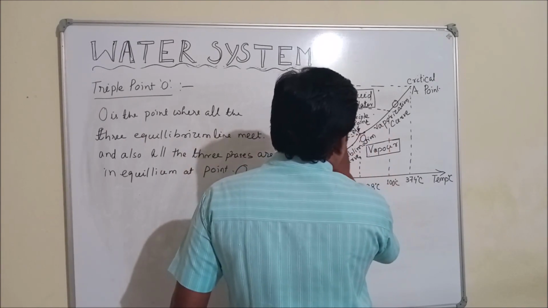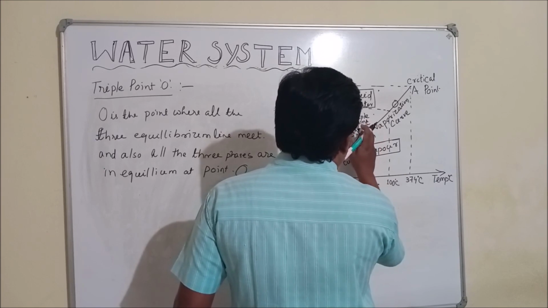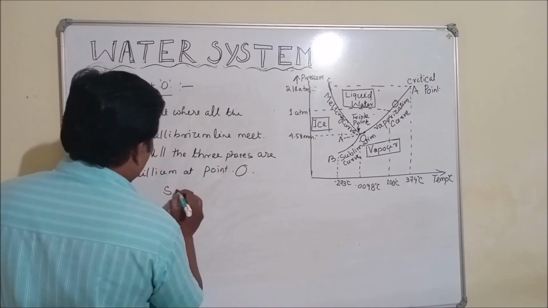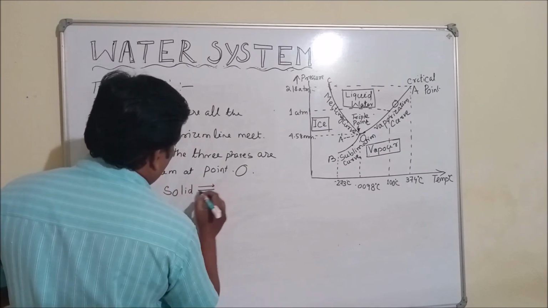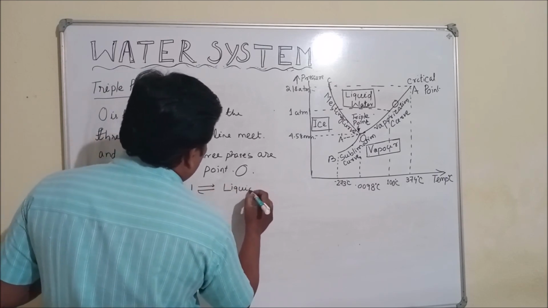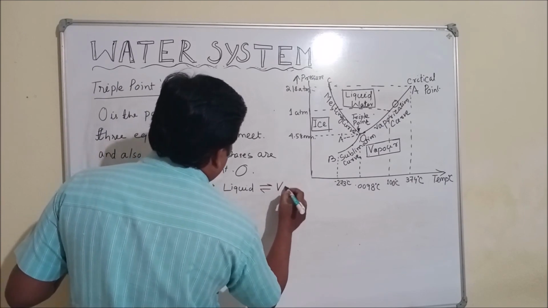So here the solid phase is in equilibrium with the vapor phase, and the vapor phase is in equilibrium with the liquid phase. So here solid is in equilibrium with liquid water and vapor.